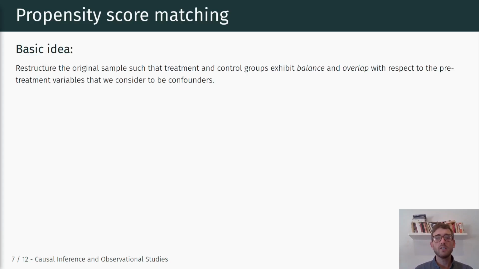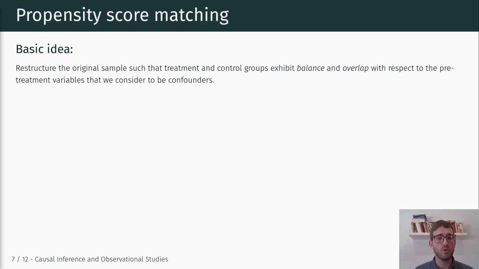So the basic idea of matching, and in particular propensity score matching, is to restructure the original sample such that treatment and control group exhibit balance and overlap with respect to the pre-treatment variables that we consider to be confounders. Okay, so again, we have to measure all the confounders.